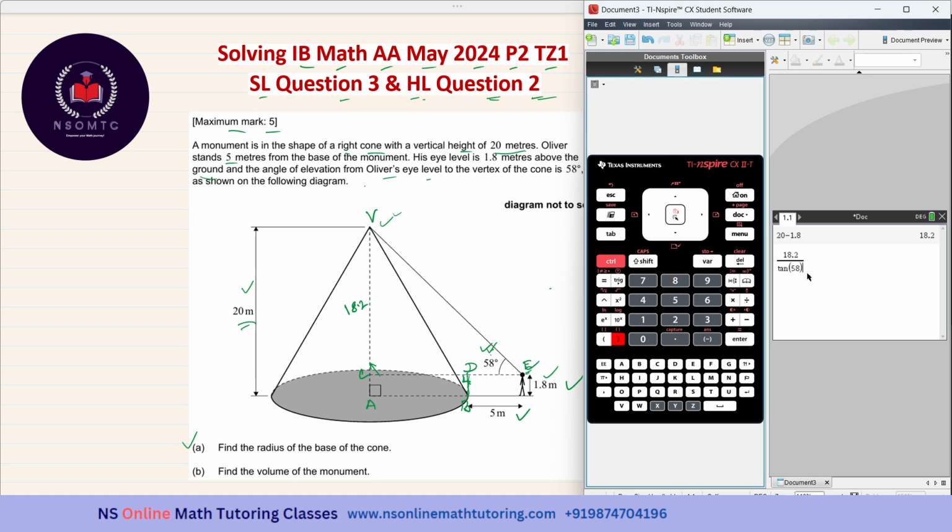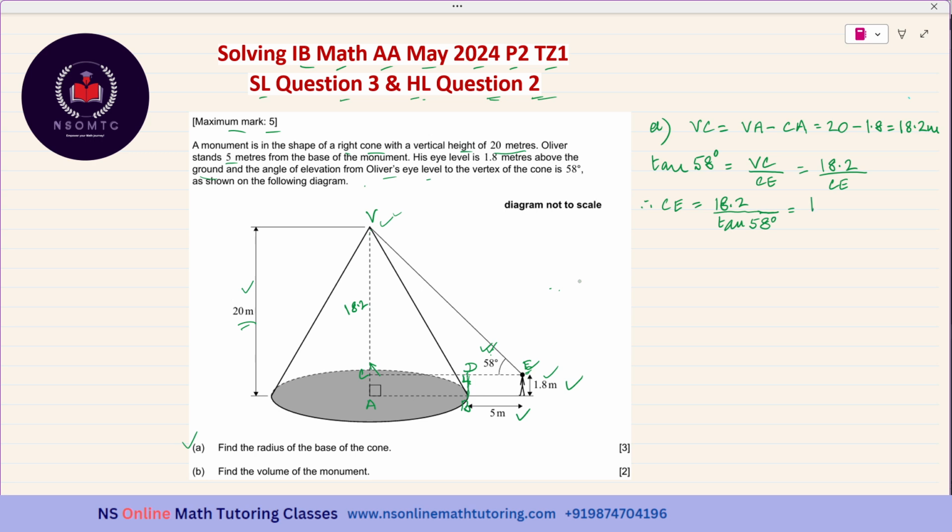I don't have to type the degrees because I have set the angle measurement to degrees. Enter. It is 11.3726. I'm taking up to 4 decimal places. Now, what is CE?